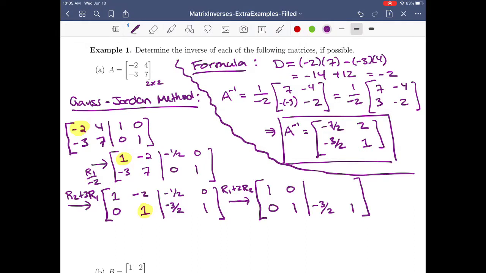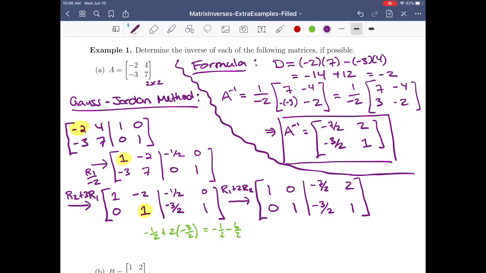So I'm going to have -1/2 plus 2 times -3 over 2. So that's -1/2 minus 6 over 2, which is -7 over 2. And then I have 0 plus 2, that's 2.